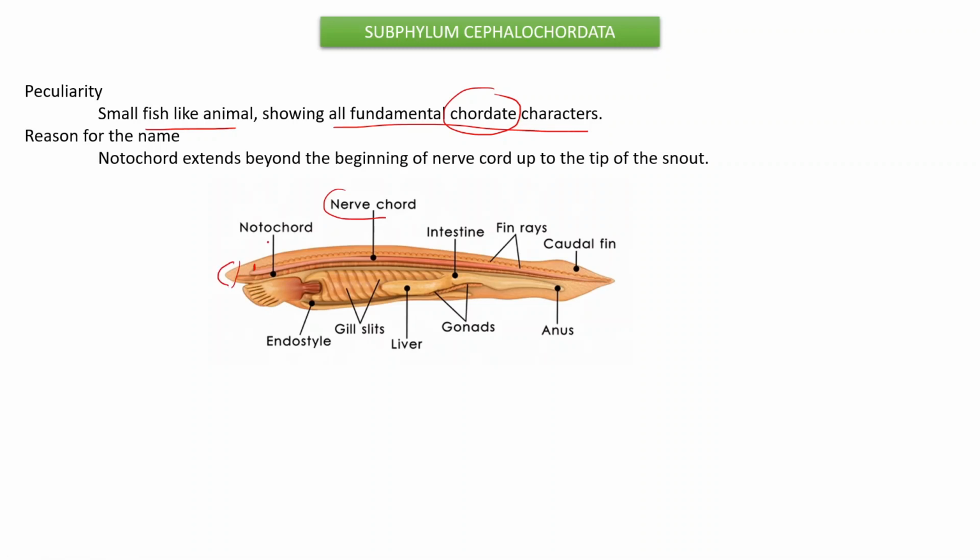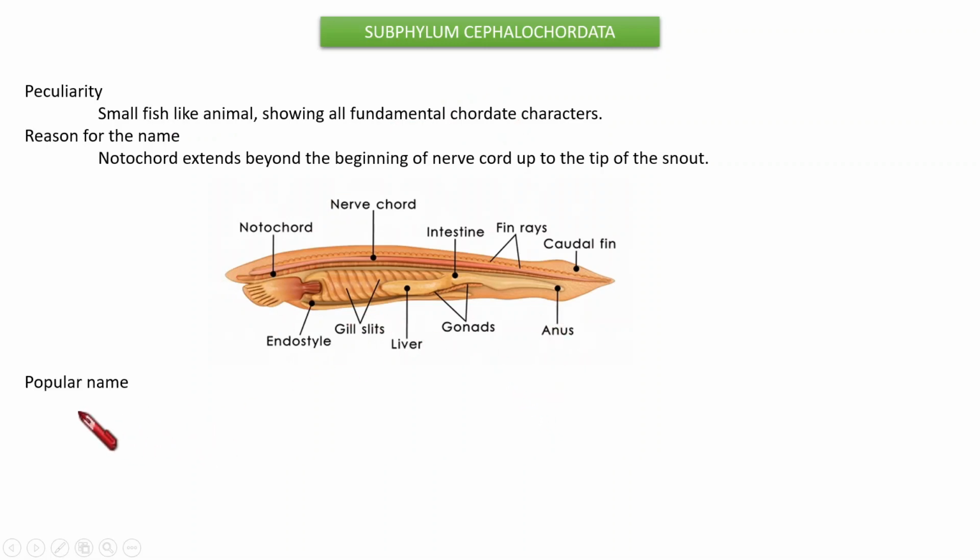This portion is called a snout. So that is its peculiarity. In this class of organisms, the notochord extends beyond the starting point of the nerve cord and forms a snout. Okay.